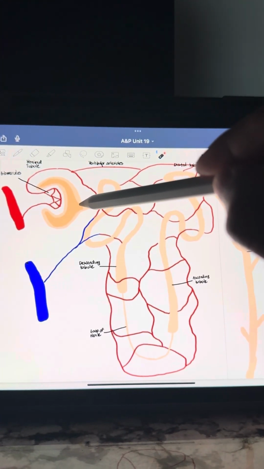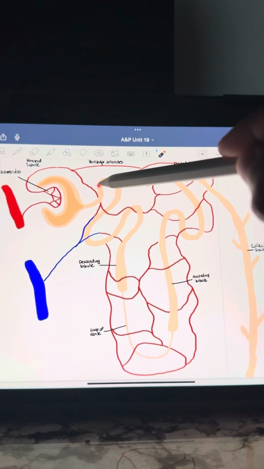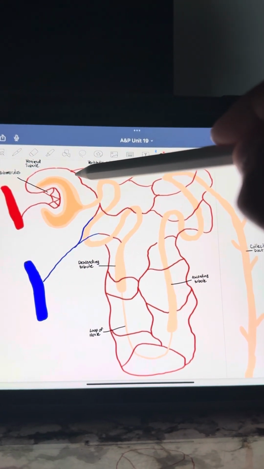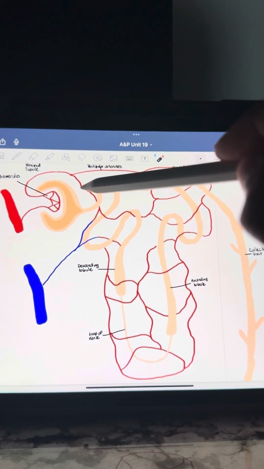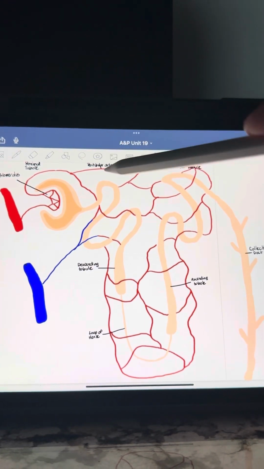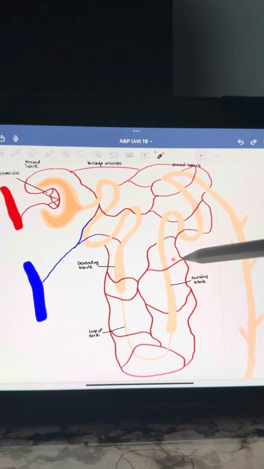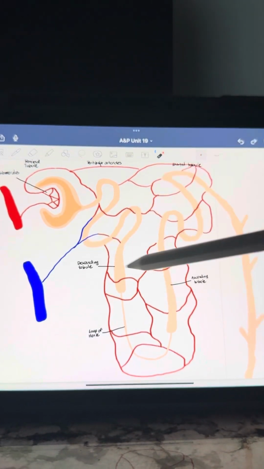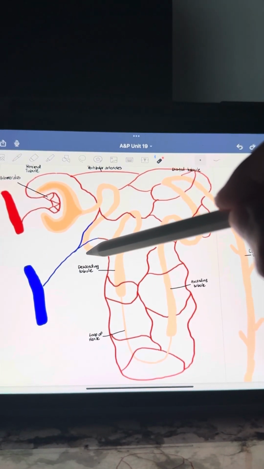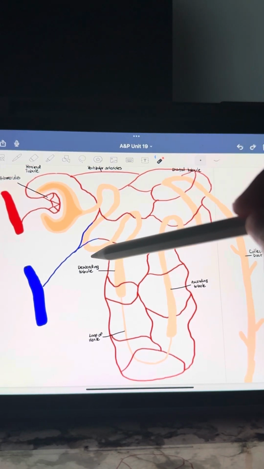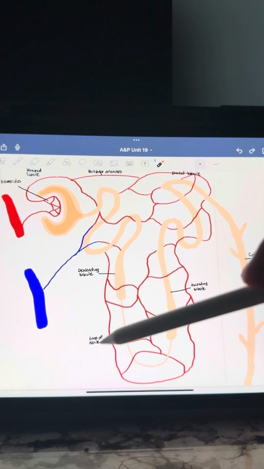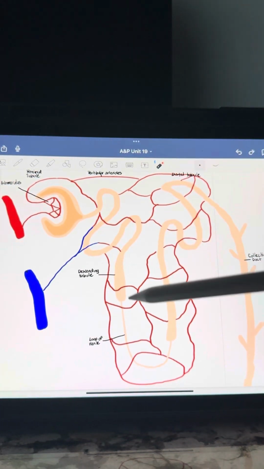As filtrate comes out, it becomes more concentrated the deeper it goes into the medulla. So we would say the upper half of this drawing could be the cortex, the lower half could be the medulla.